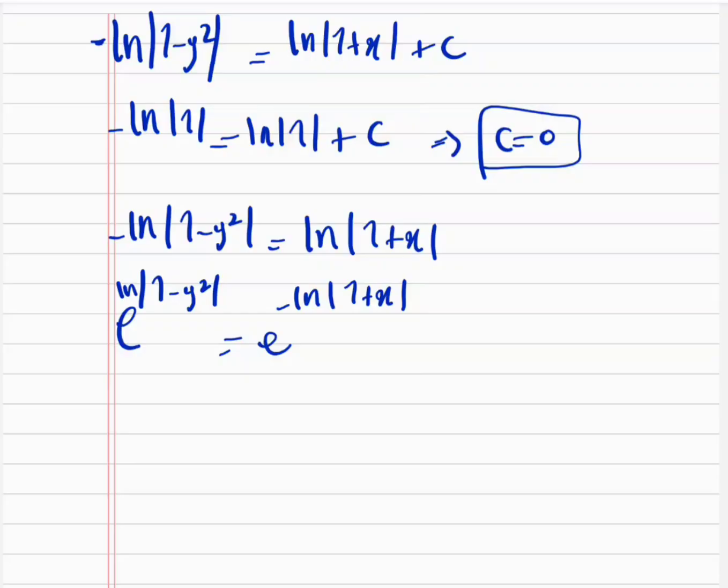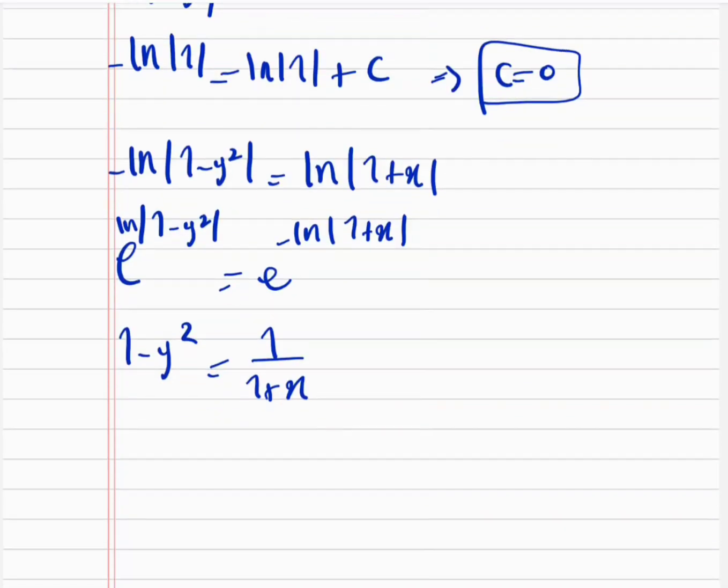So e and ln cancel out, and then we'll get 1 minus y squared is equal to, remember that we have ln of 1 plus x but negative, so that just means there will be the reciprocal, because this is the same as 1 plus x to the power of minus 1. So 1 minus y squared is equal to 1 over 1 plus x.